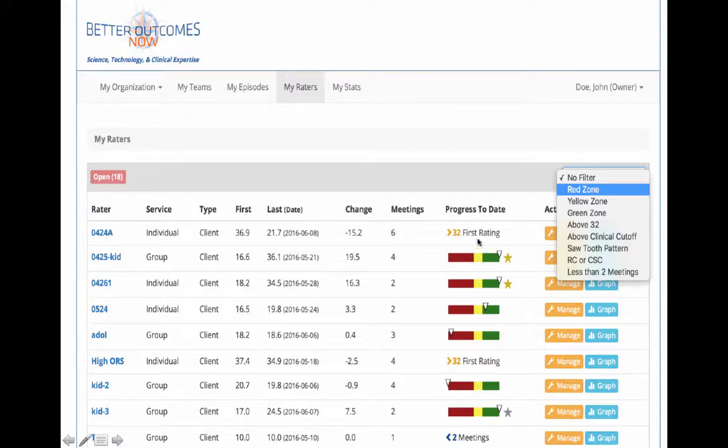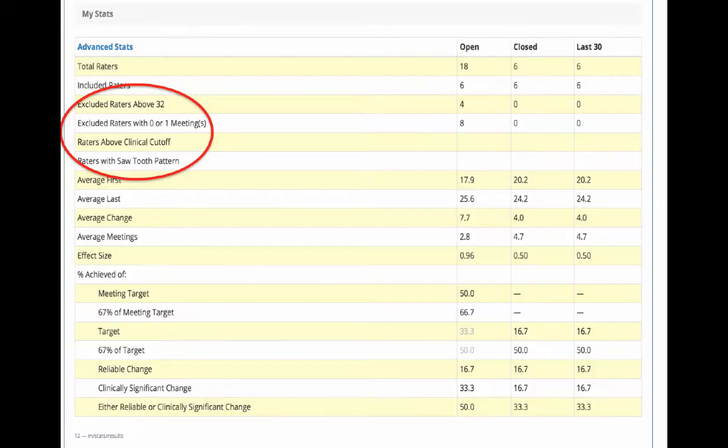You can see it also identifies the clients who have an intake score above 32. So there are these ways of helping you track data validity and data integrity so that you can get your therapist up to snuff very quickly so that it will identify their at-risk clients.